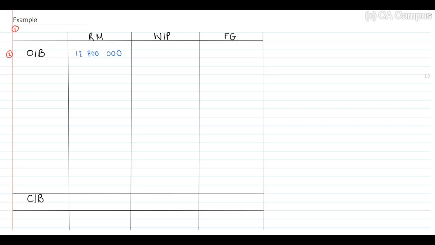Now, immediately, let's include this into our template. We will have to add our purchases, but this will be a calculation. Let's call this our calculation number 1. And remember, indicate to your marker where you perform your calculations. Calculation number 1.